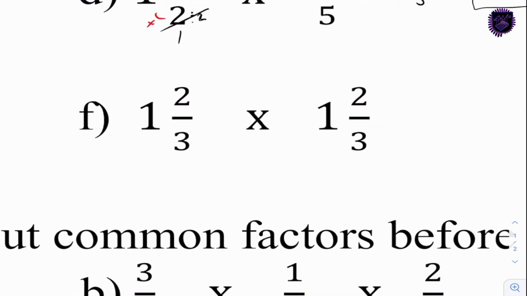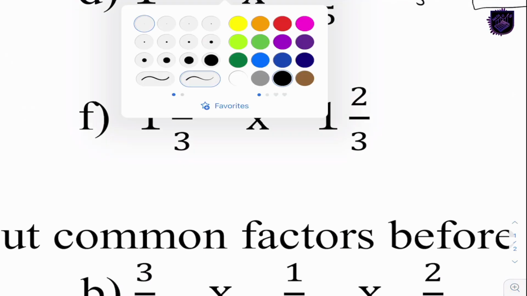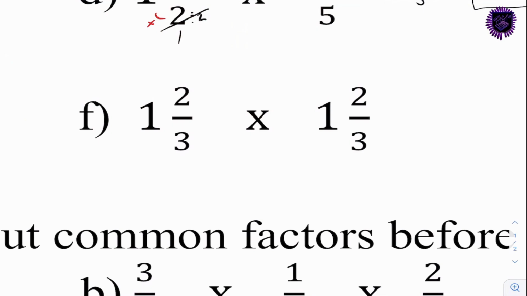We have 3f. Let's multiply 3 times 3 plus 2, which is going to be equal to 5. And same thing on the other side, times 3, we're going to add it on top here.